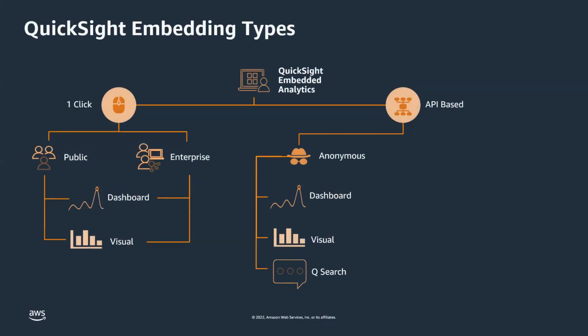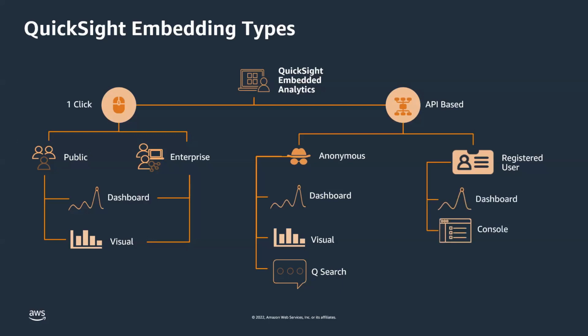Now we will dive deeper into registered user embedding. We covered anonymous embedding, now registered user embedding. With registered user embedding, you can embed a dashboard, and you can embed the whole console. This provides you the authoring capabilities that we get from the console itself.